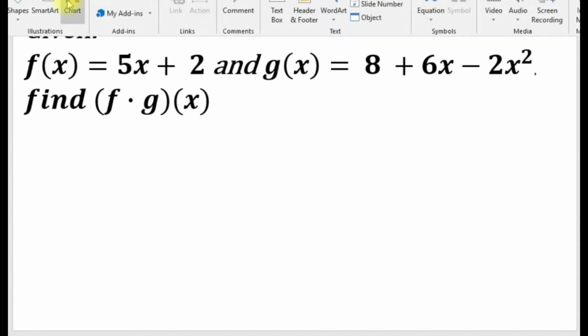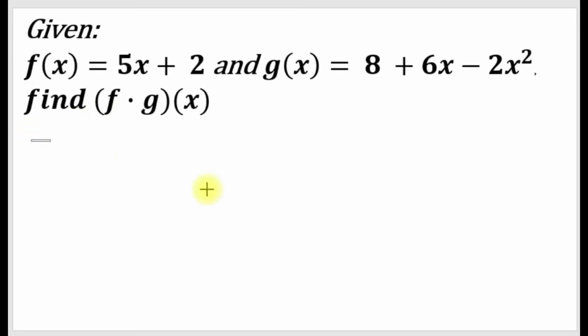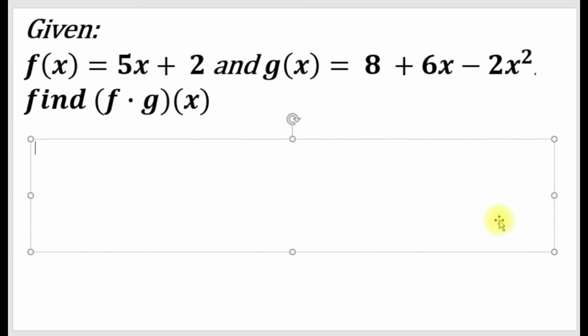So first, let us try to write our working equation.